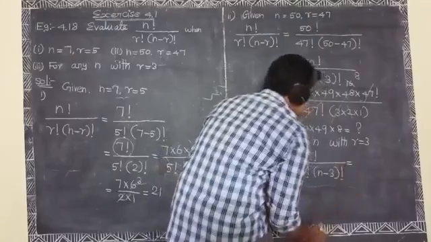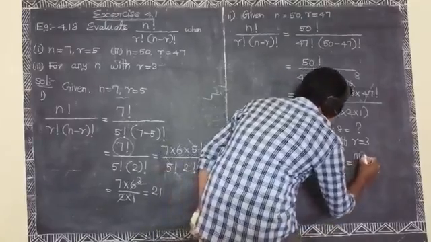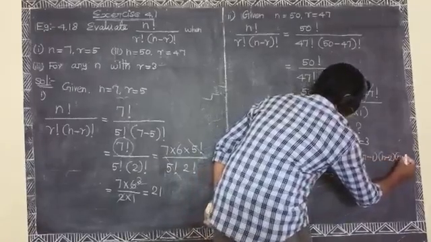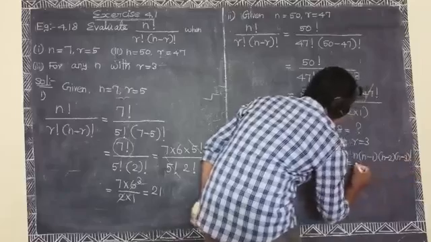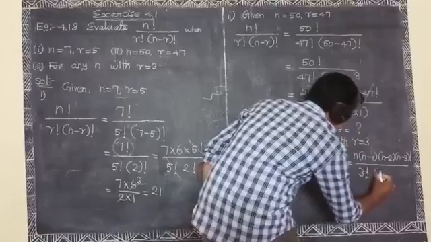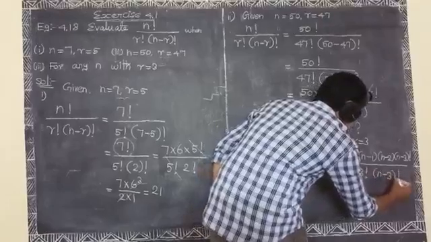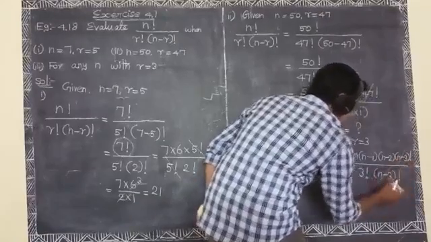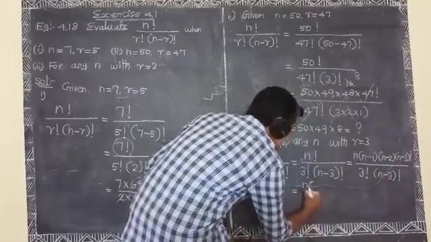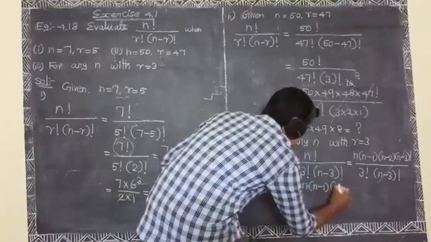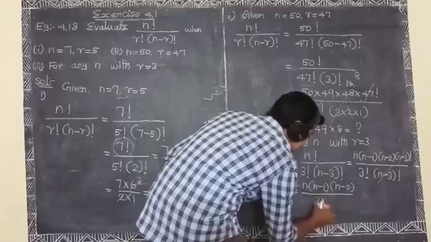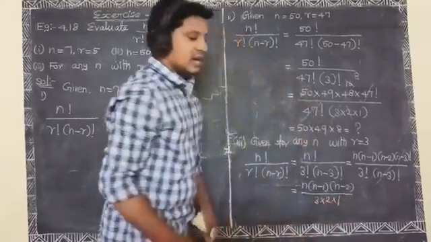N factorial we can rewrite to n into n minus 1 into n minus 2 into n minus 3 factorial divided by 3 factorial into n minus 3 factorial. The n minus 3 factorials are cancelled. Then the numerator is n into n minus 1 into n minus 2, divided by 3 factorial, which is 3 into 2 into 1.